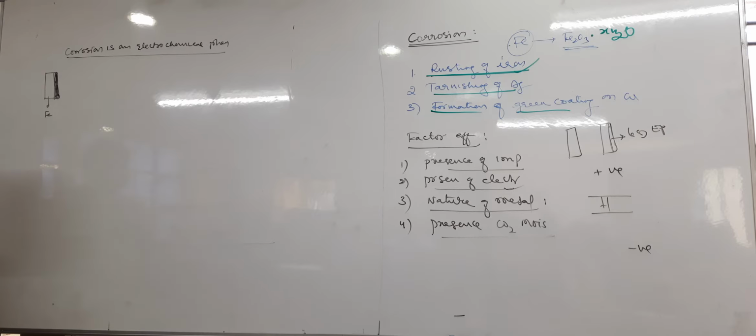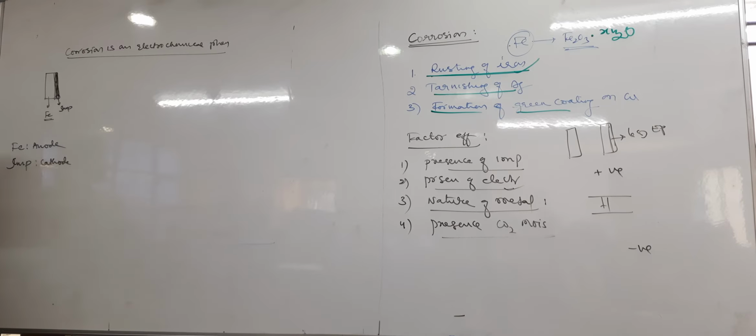So in impure iron, the pure iron and the impurity act as electrodes. Pure iron acts as the anode because it is more electropositive, and the impurity, which may be any metal and is less electropositive, acts as the cathode.